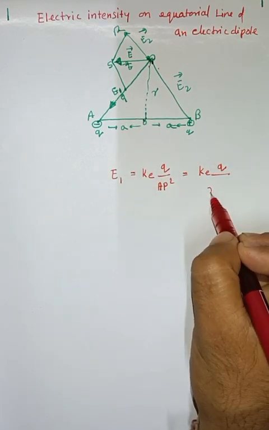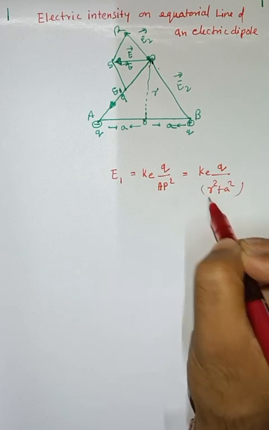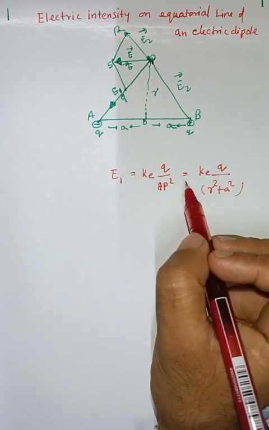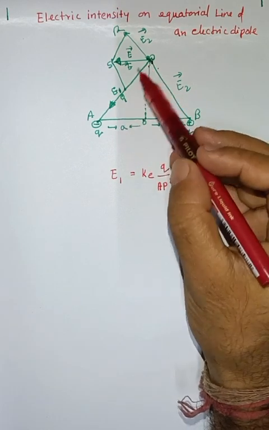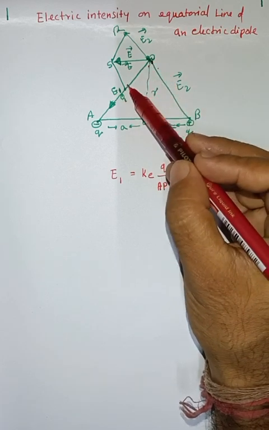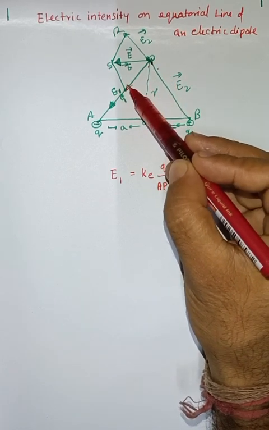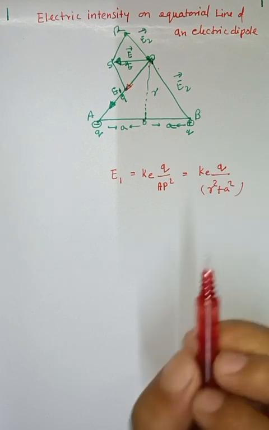So it means r square plus a square, right? It is represented in magnitude and direction by vector PQ. Vector PQ will determine the magnitude and direction of this E1.